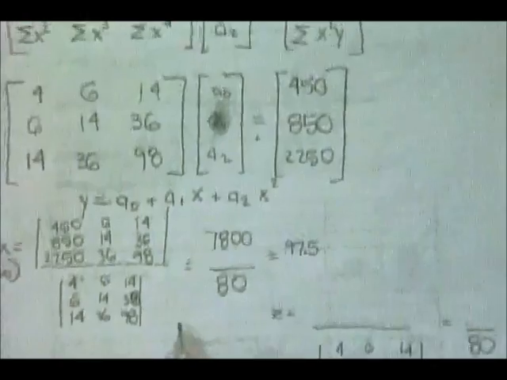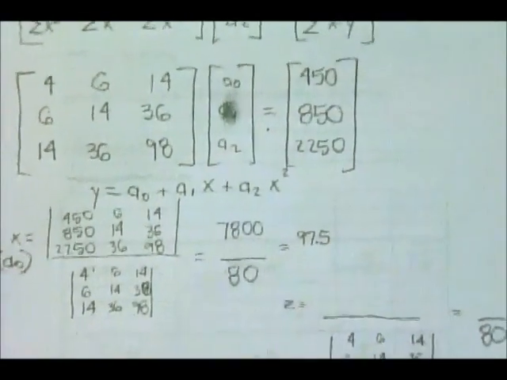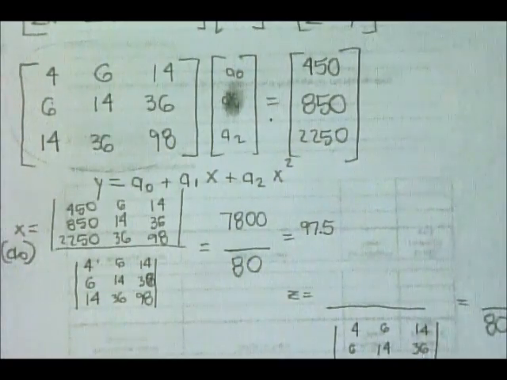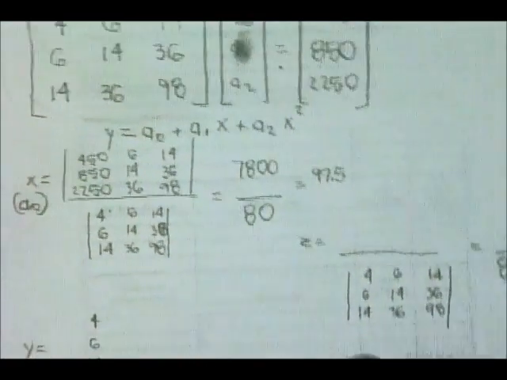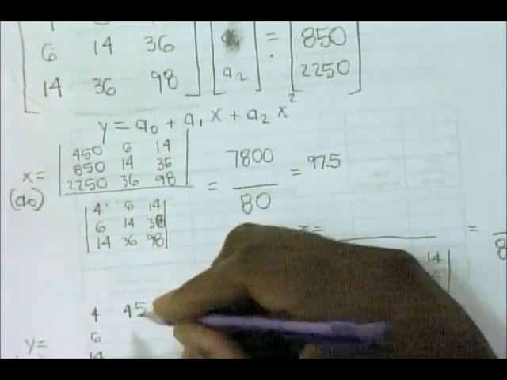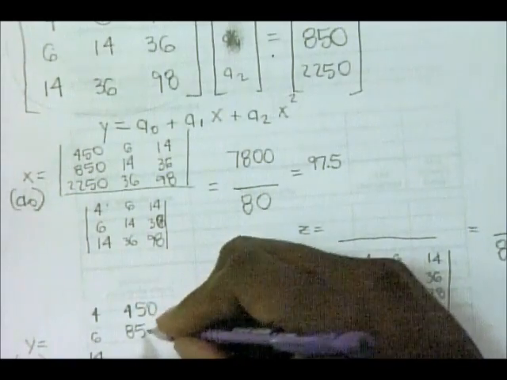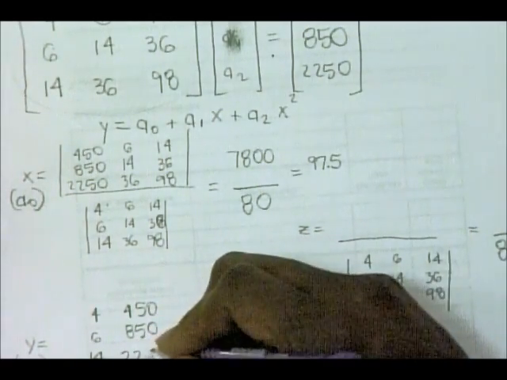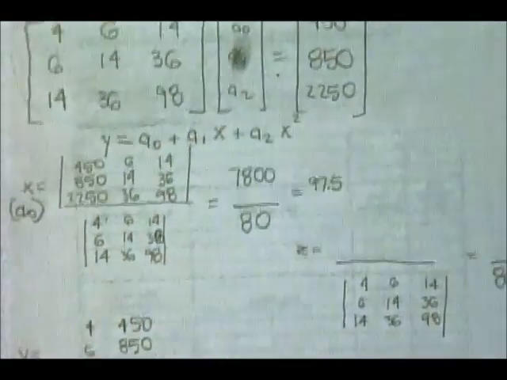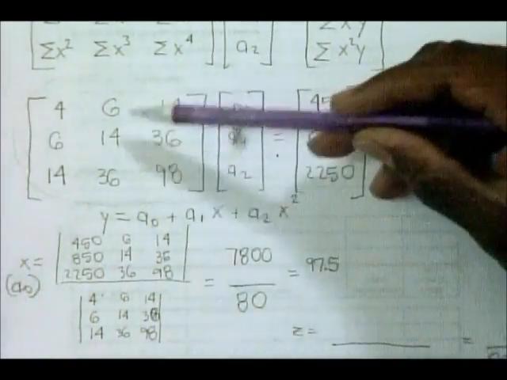But now we're going to replace the 6, 14, 36 with this constant column, because we're solving for y, or in this case a sub 1. So we have 450, 850, and 2,250. Now we've exchanged the constants for this column here.